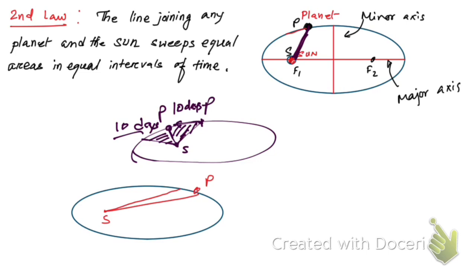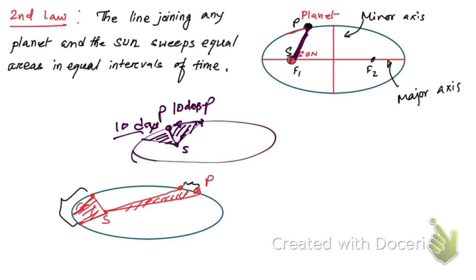Here you see, if you consider these two positions, now you see this area and this area. If these two areas are equal, then it is obvious that this distance is smaller than this part.